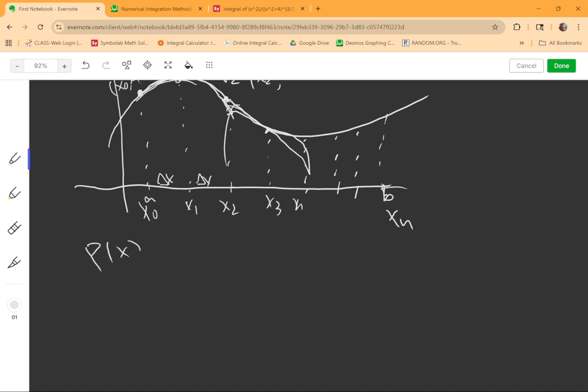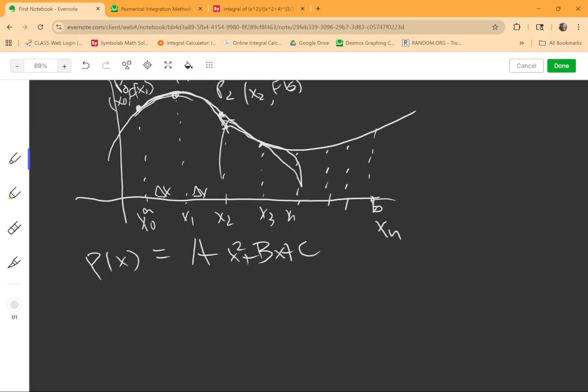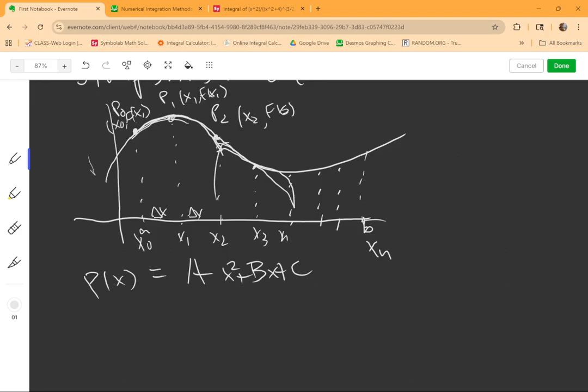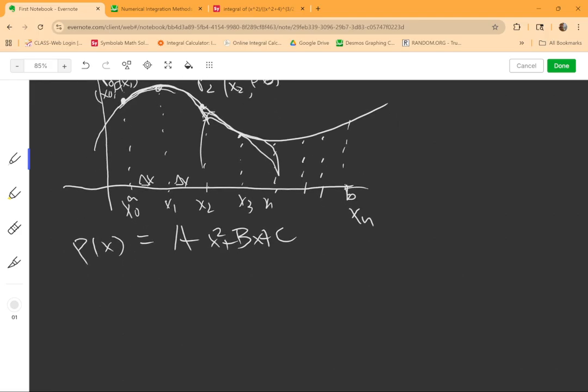So our polynomial here is ax² plus bx plus c. And we can solve for those coefficients a, b, and c with the fact that the function and the polynomial share these points, P0, P1, P2. They are on the polynomial we use to approximate the function, but they're also on the function itself, which means that P of x0 is equal to ax0² plus bx0 plus c, but that's also our f of x0, or our y sub 0, the y value.